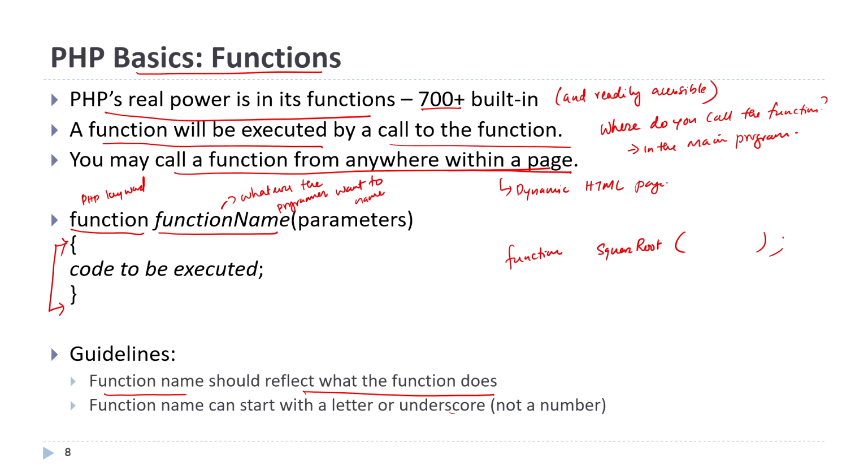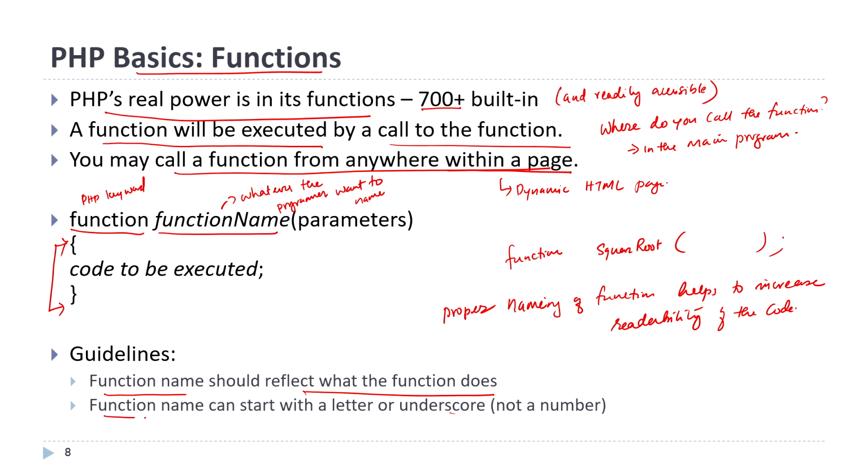Proper naming of a function also helps to increase the readability of the code. That is a very important criterion. When you write the code and call the function, you see the name of the function and you understand what it is.